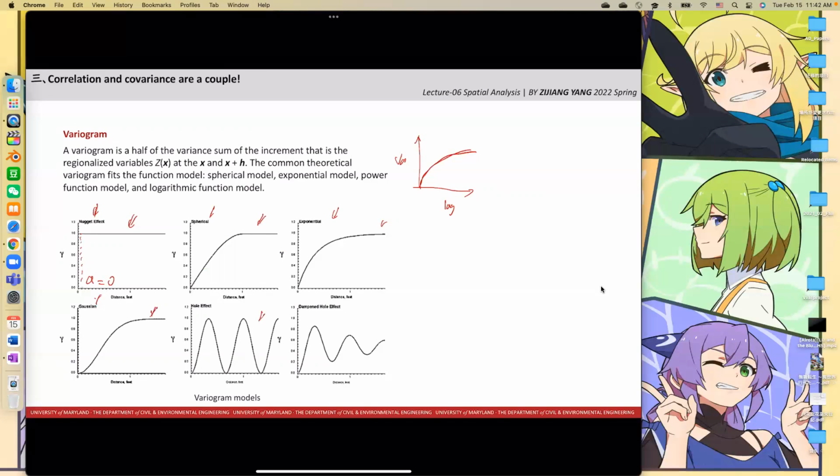And if the data is fluctuating, we know that the autocorrelation function is something like this. But note that this starts from 0 or starts from 1 for the correlation. For the covariance, it starts from 0, and it can also have some fluctuations. And this one is a combination of different effects.